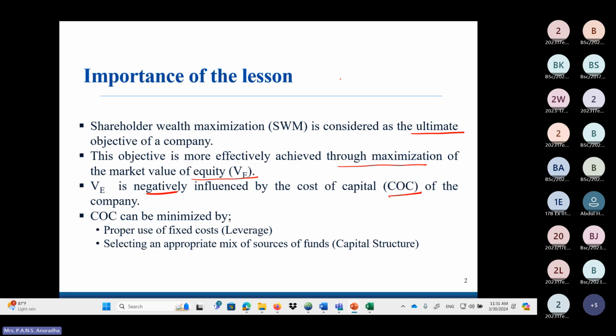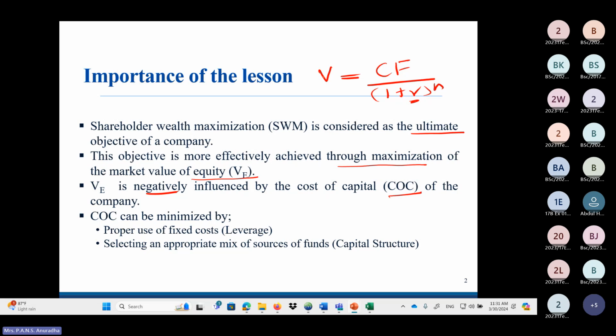The basic simple formula for value calculation is: value equals the expected cash flow on this particular investment discounted using the cost of capital. So here the discount factor is our cost of capital, or the investors' required rate of return.